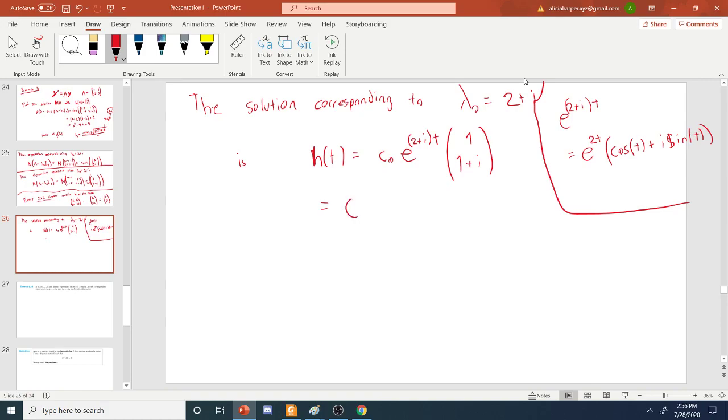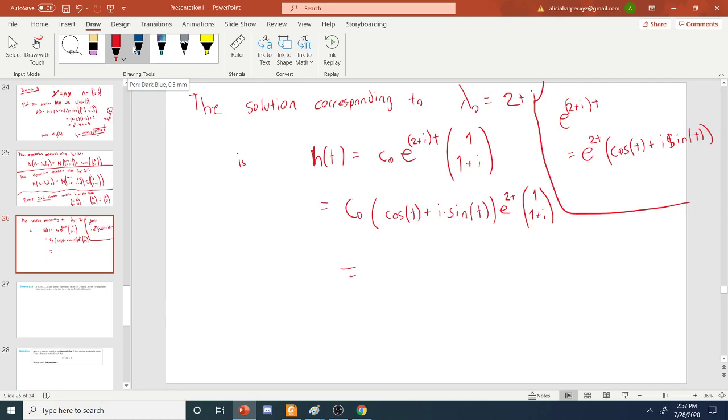So this is actually equal to c naught times cosine of t plus i times sine of t, all times e to the 2t times 1 in the first component and then 1 plus i in the second component.